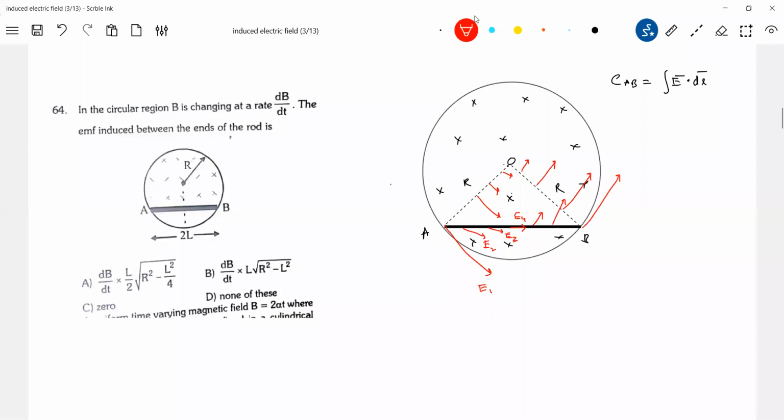Look at that angle between E bar and DL. DL will be here, this is a DL. So at different points on the rod, E magnitude will be different, and also the angle made by E bar with the DL element will be different. So can we integrate? Not possible.